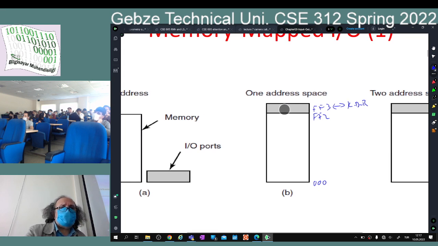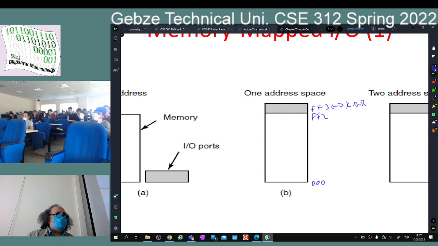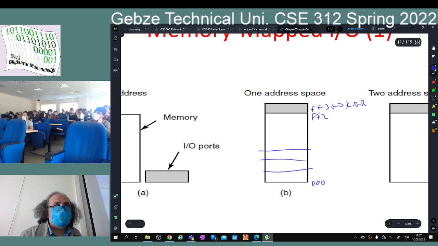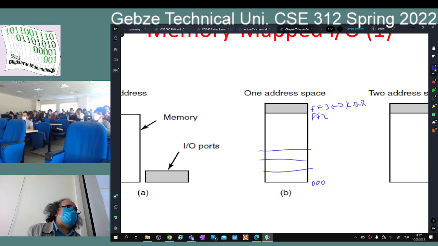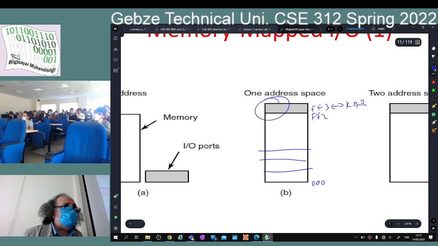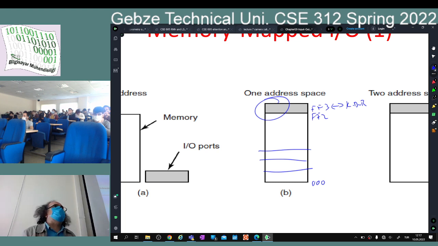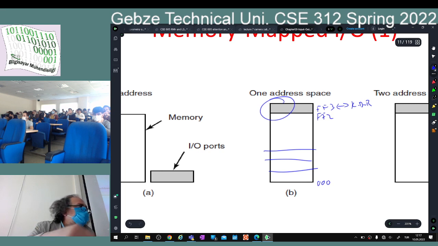If I try to cache this part of the memory, that would be a very dangerous thing. This part is cacheable, put them in the cache so that I can access it very fast. But if you cache this part of the memory, then what happens? Keyboard says I am going to give you some number, but instead of reading this exact address, I am reading it from the cache, and I keep reading the old value.